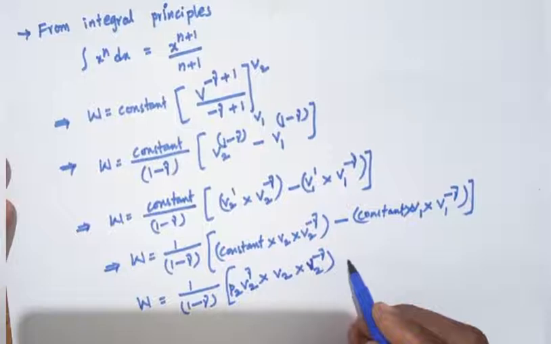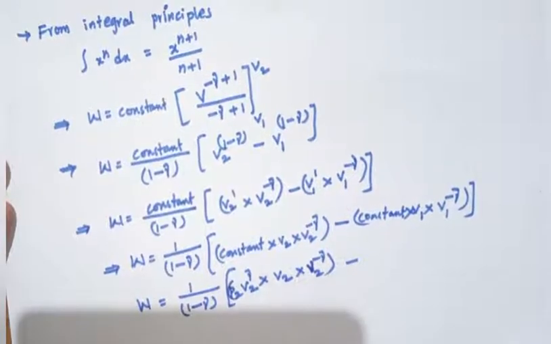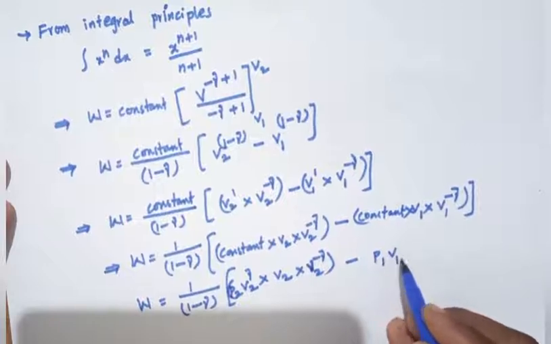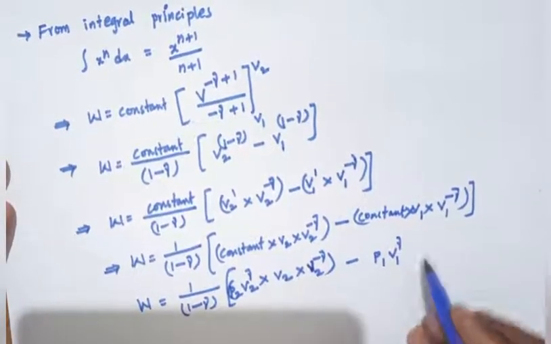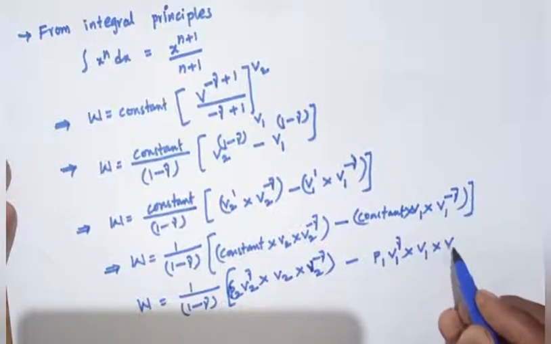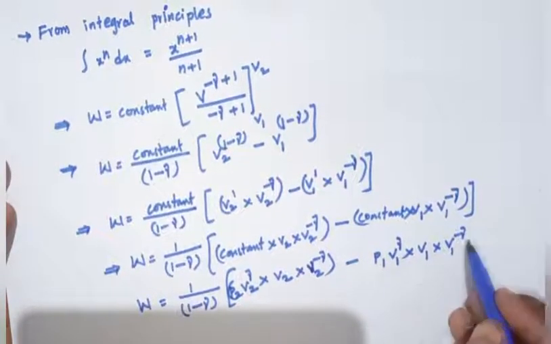There is no change in the value. Here constant equals to P1 V1 power of gamma into V1 into V1 power of minus gamma.